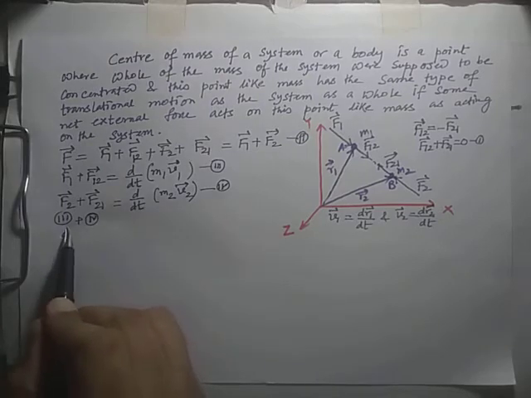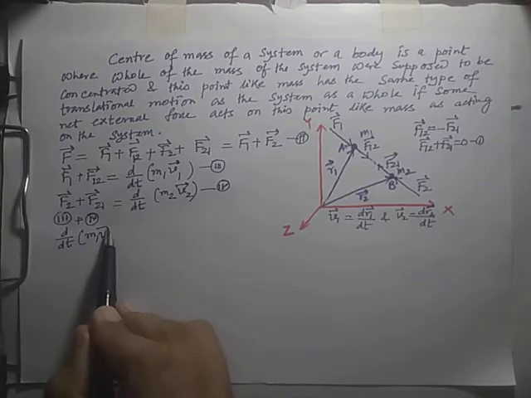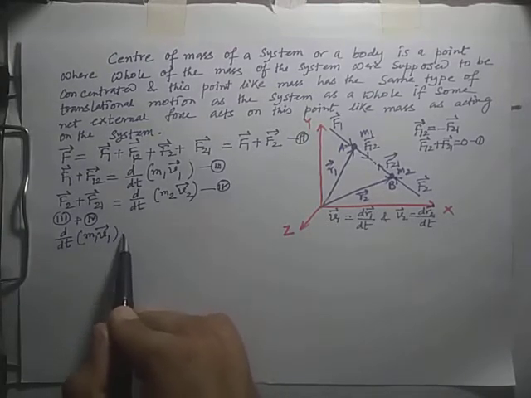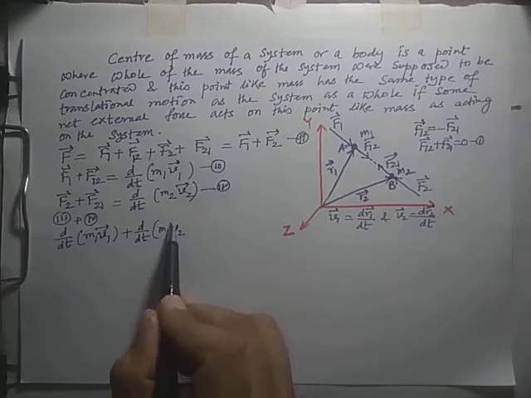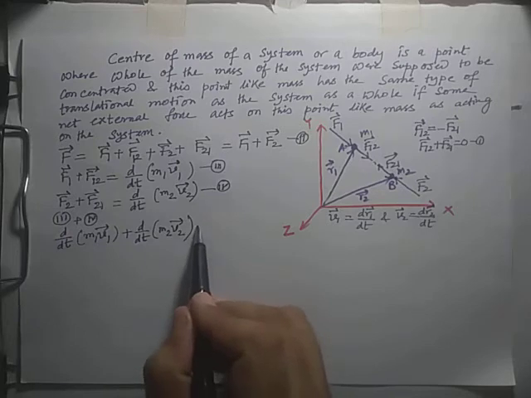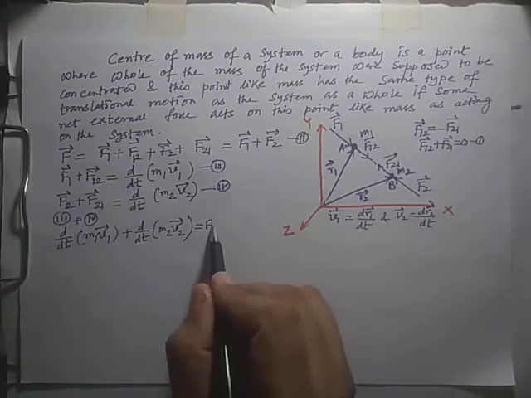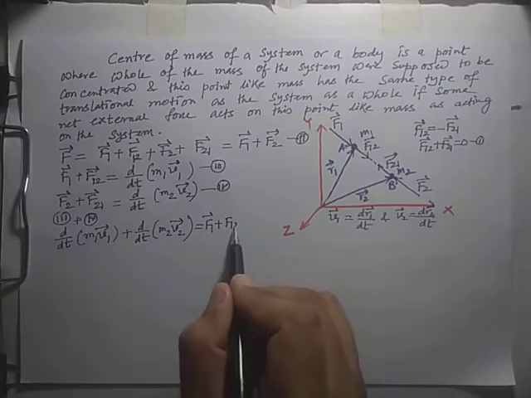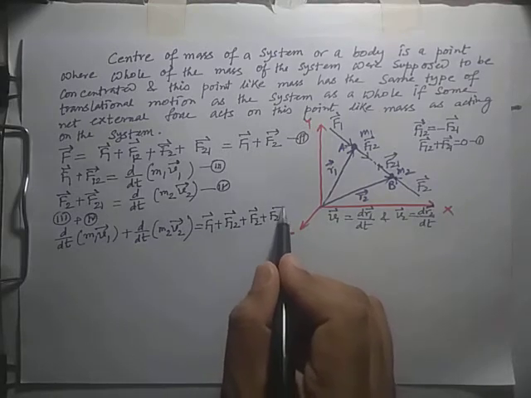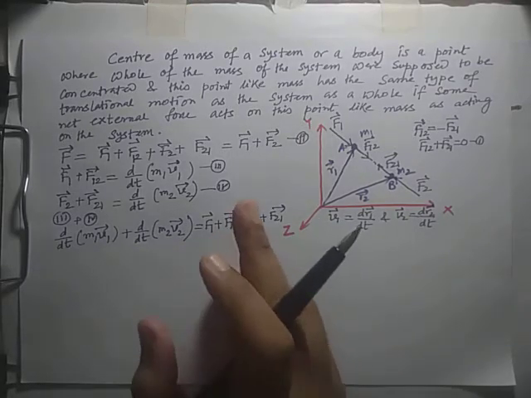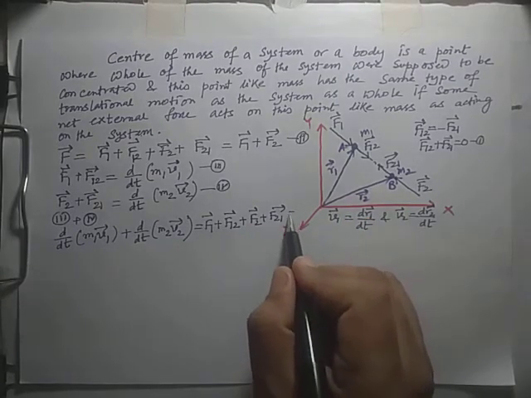We'll get d by dt m1 v1 plus d by dt m2 v2 is equal to F1 plus F12 plus F2 plus F21. So already you know this one. This is equal to F1 plus F2, or you can say this is equal to F, the net force.